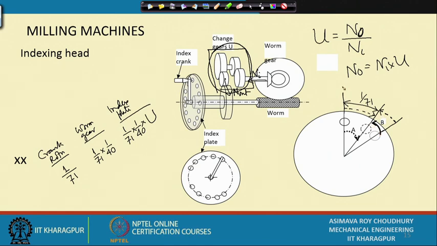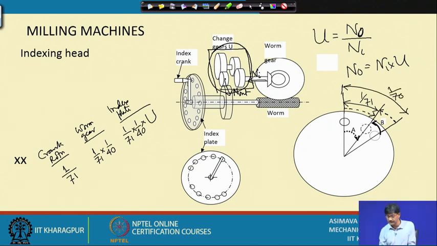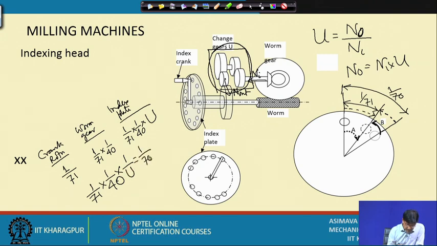The index plate in this particular time should be rotating this much, and what is this one? This must be equal to, since you know the larger rotation was 1 by 70, it should be equal to 1 by 70 minus 1 by 71. So, let us equate that: 1 by 71 into 1 by 40 into 40 into 1 by U should be equal to 1 by 70 minus 1 by 71. That is it.